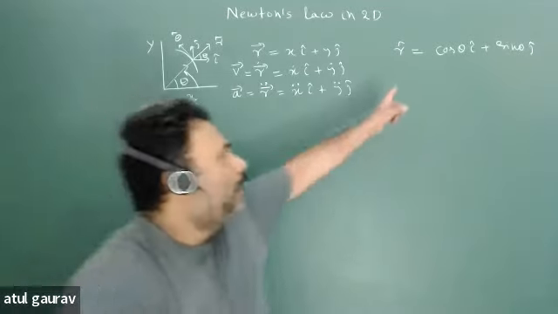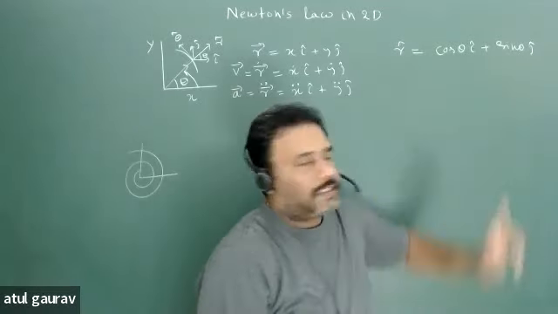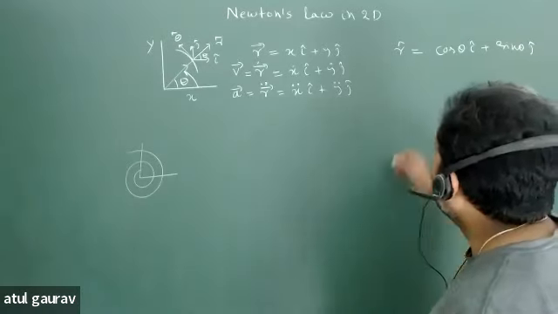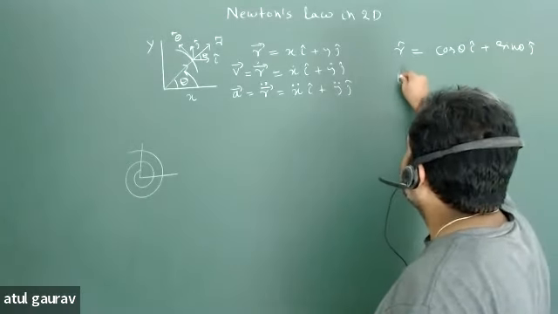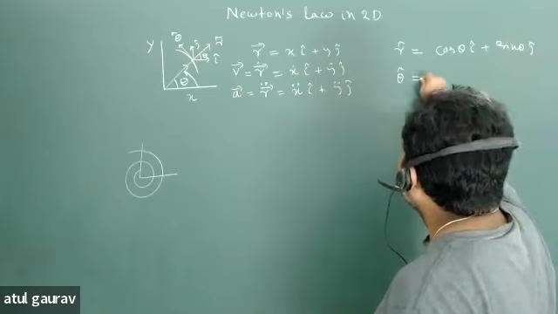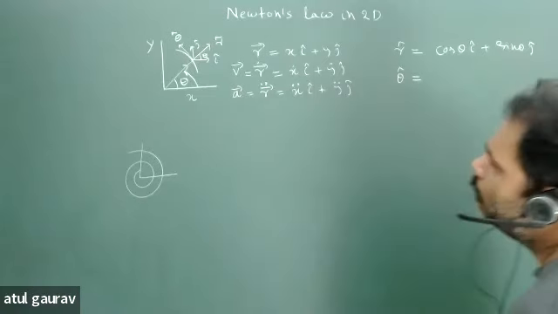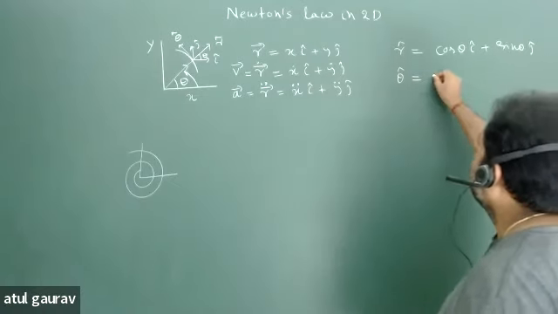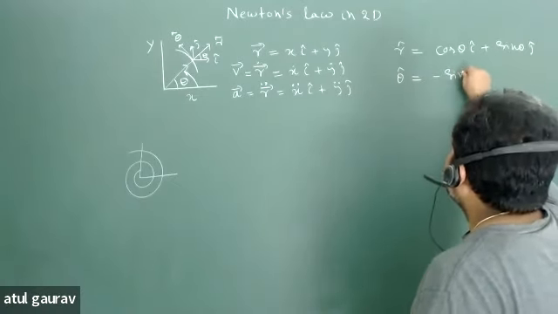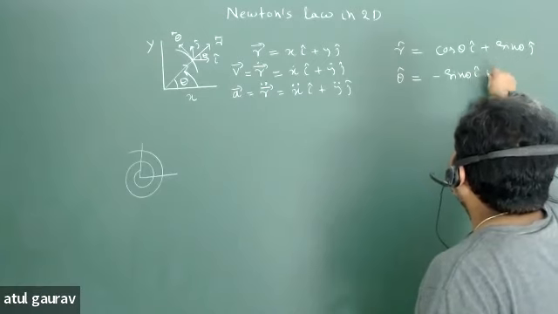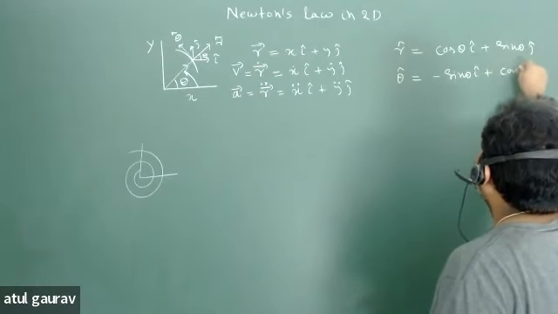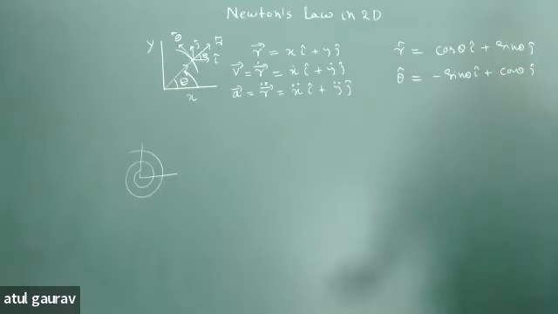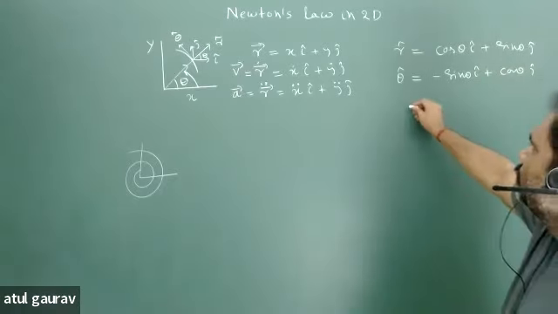And this is a unit vector, and you can see cos square theta plus sin square theta is equal to 1, so the magnitude is 1. What is your theta cap? Anyone? Tell me, what will your theta cap be? Minus sin theta i cap plus cos theta j cap. Very good. You can see this is one type of transformation.